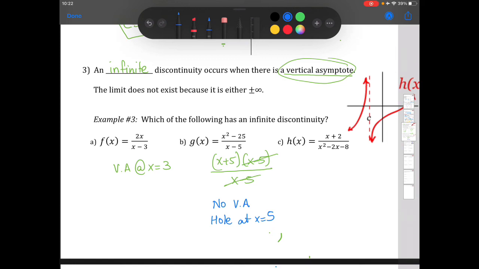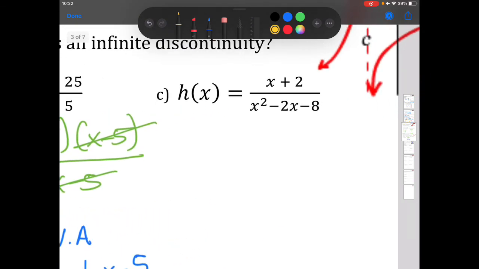The next one, again, try that on your own. I can factor the denominator. I'm just going to zoom in. x minus 4 and x plus 2, right? So I'm just going to rewrite this. What happens to the x plus 2's? x plus 2 over x minus 4 and x plus 2.